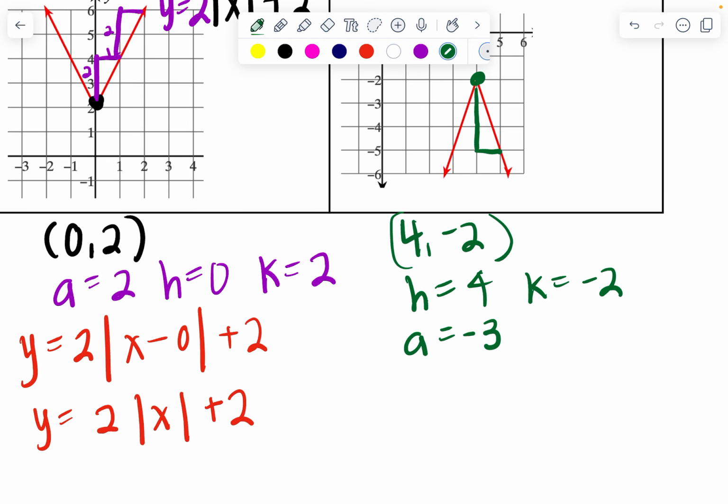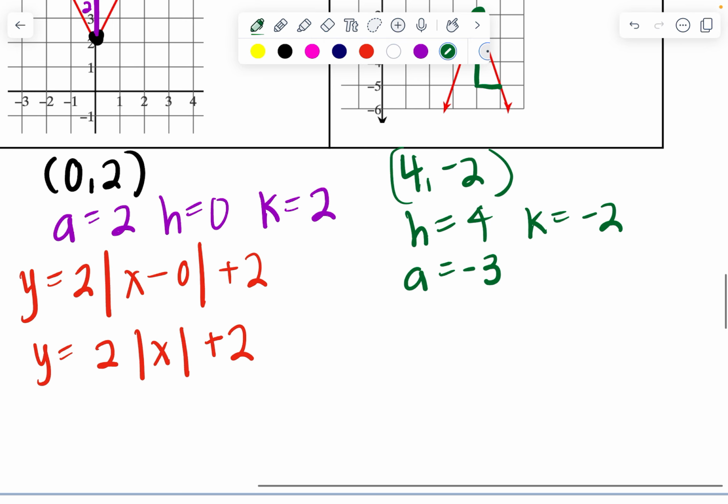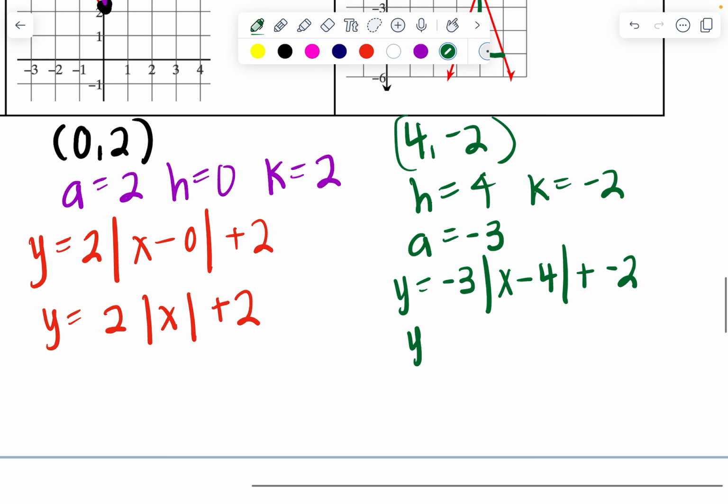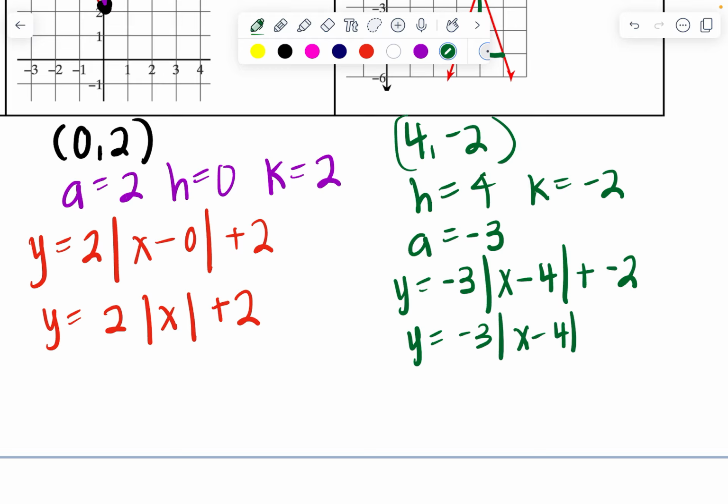Also, because it's upside down, I know that it's negative. So putting it into the equation, y equals -3 times |x minus the h value, which is 4| plus the k value. So you could leave it like that, or -3 times |x - 4| minus 2.